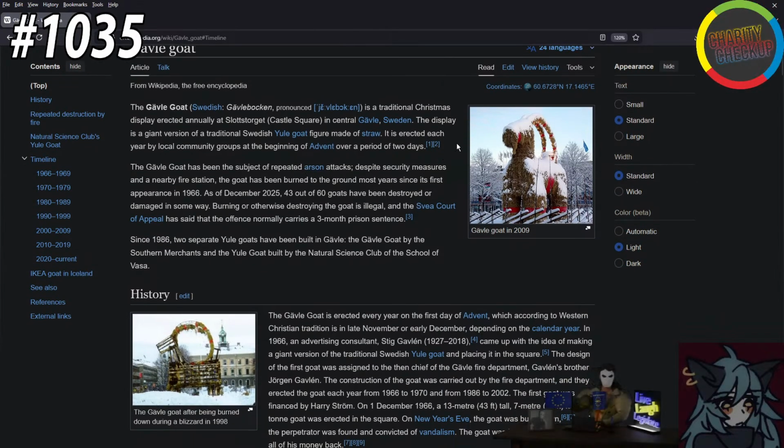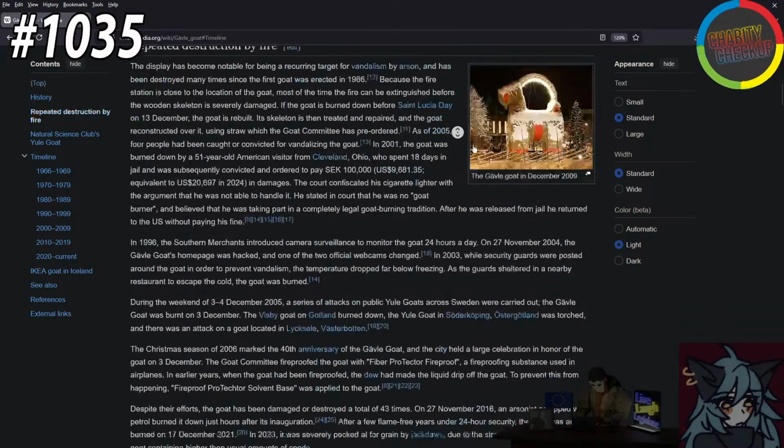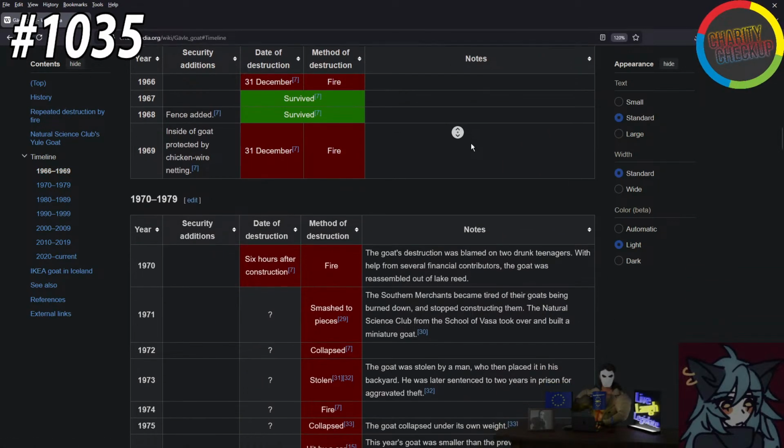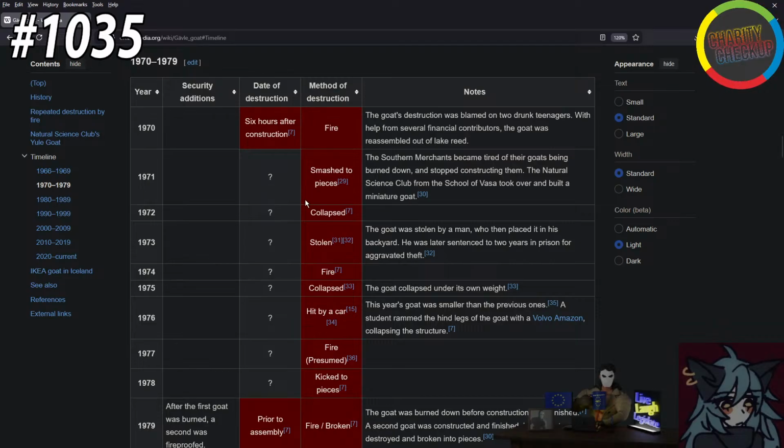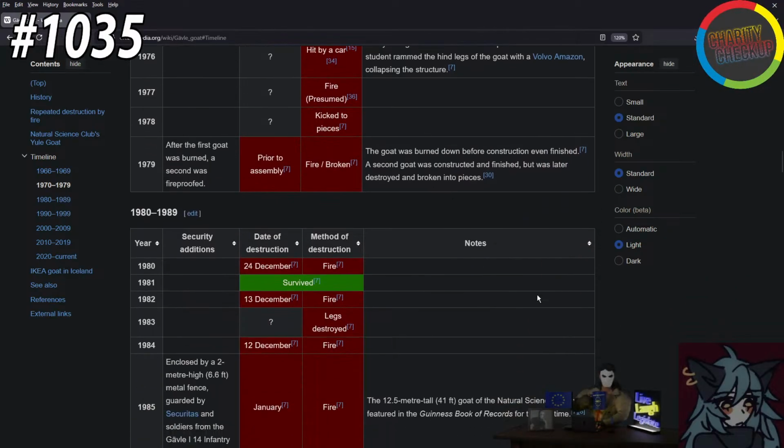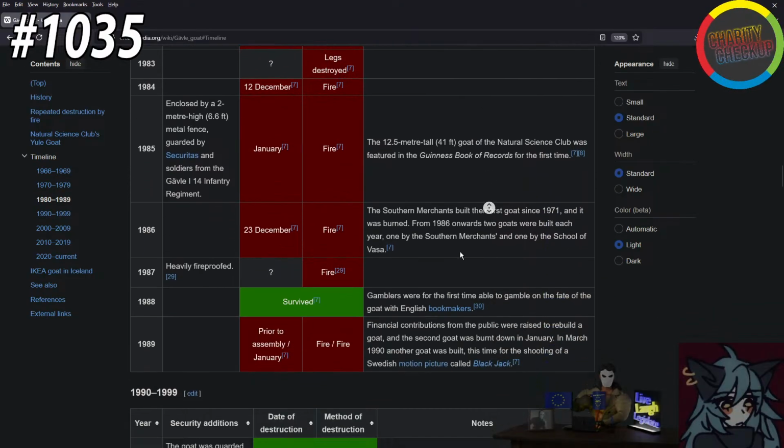Repeated arson attacks? So it's not meant to be banned! This is comical! Oh, this is hilarious! Fire presumed. Oh, I thought it was supposed to be bad. This is comical. Oh, hi Rayquaza, by the way. This is absolutely hilarious.